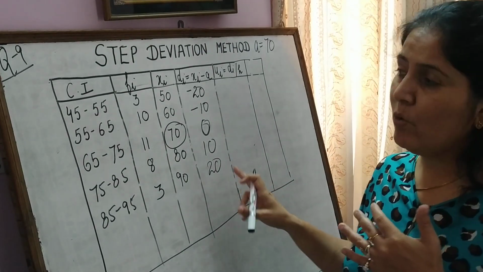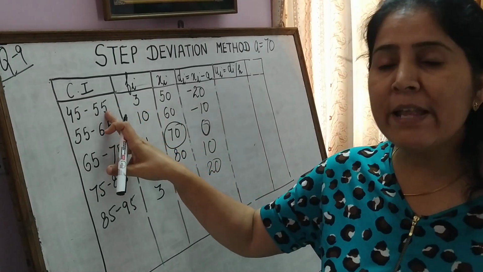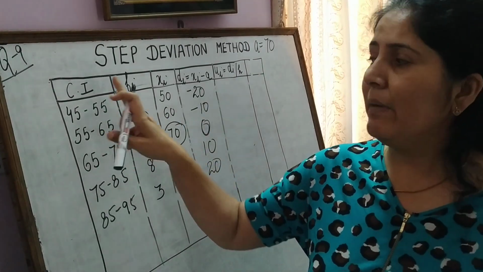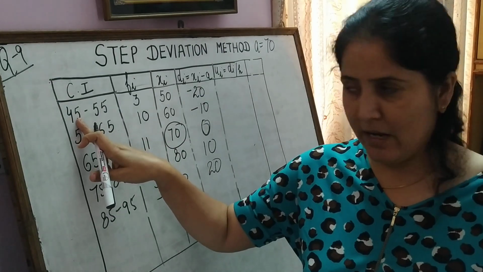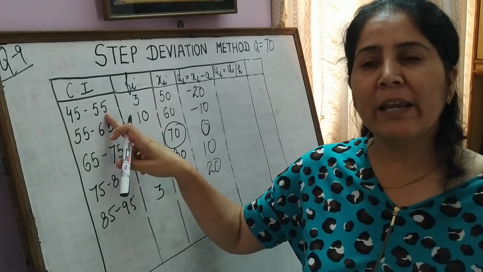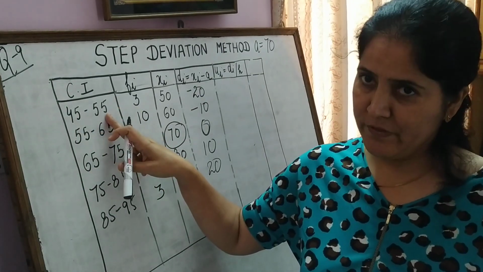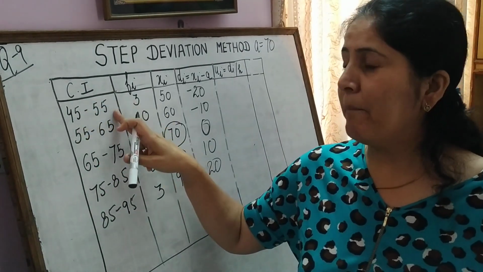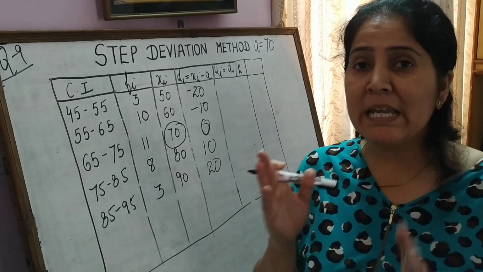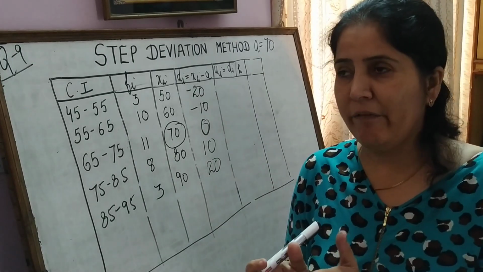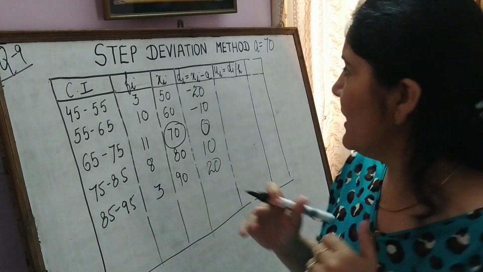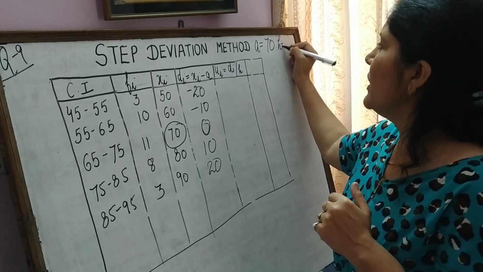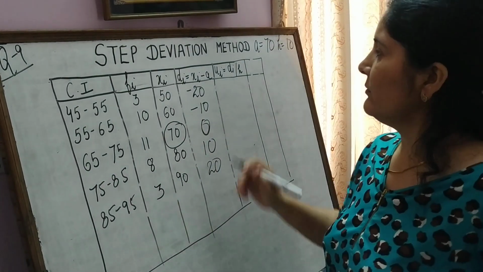H is the difference between the upper limit and lower limit. What is your upper limit in the first class interval? 55. And the lower limit, 45. Upper limit minus lower limit means 55 minus 45 is equal to 10. So your h is equal to 10.